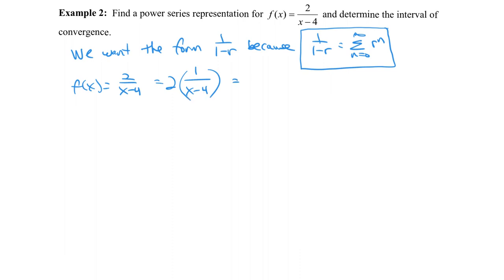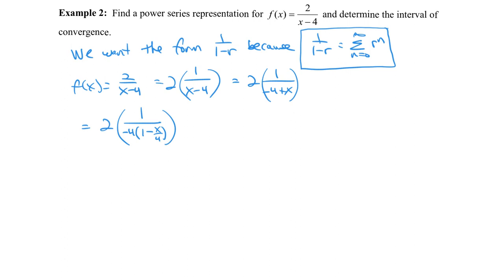So that's just going to be 2 times 1 over negative 4 plus x. And then we need this to be a 1, which I could get if I factor out a negative 4, or in other words, divide this by negative 4. So if I do that, we'll get 2 on top, and I'm going to factor out this negative 4, which then would give me 1 minus x over 4.